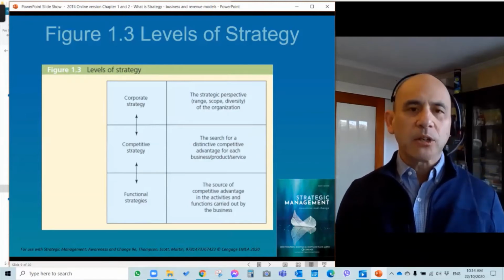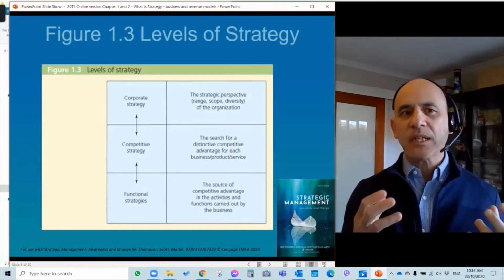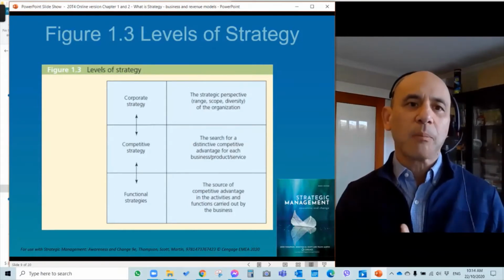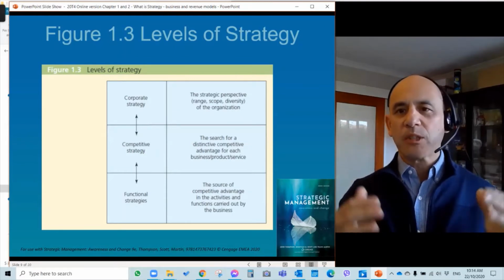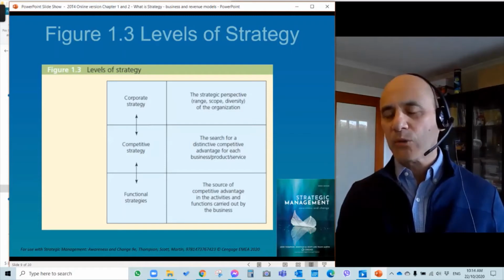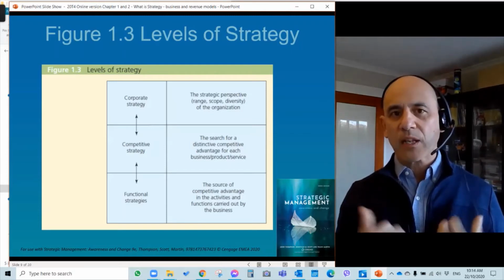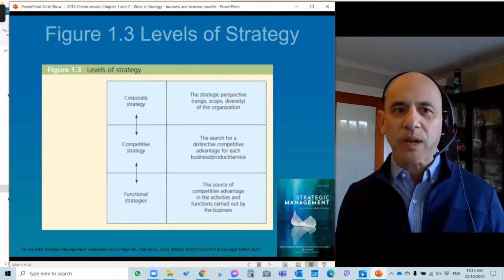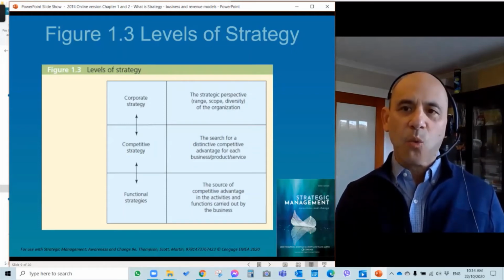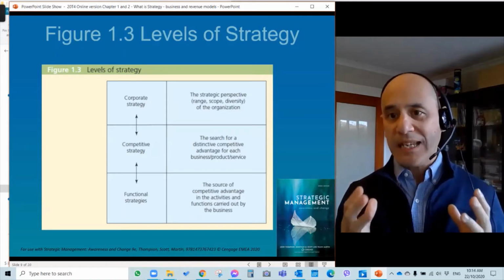As we explained earlier, strategy is not just done by the CEO or the top leader of a corporation, but it's usually done all the way down to the business managers and down to the functional managers. I'll explain that by saying, in corporate strategy, the question that we are asking here usually is, what business should we be in?